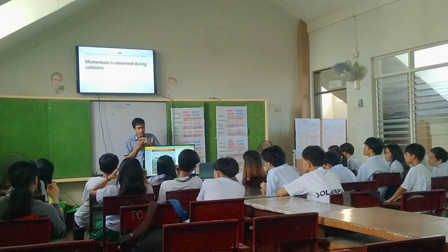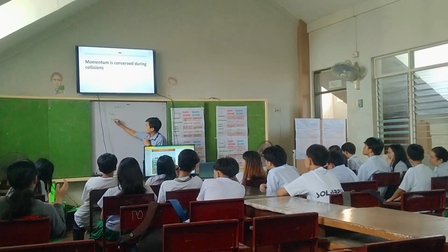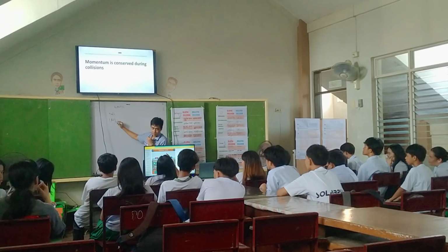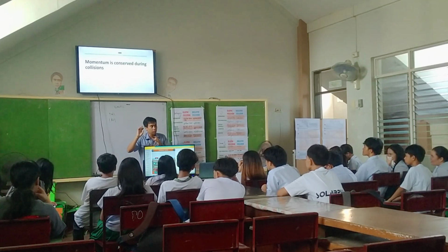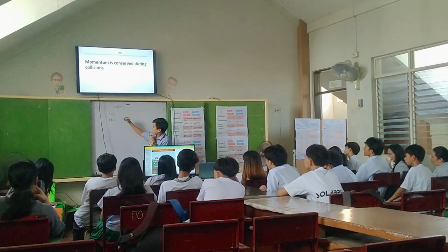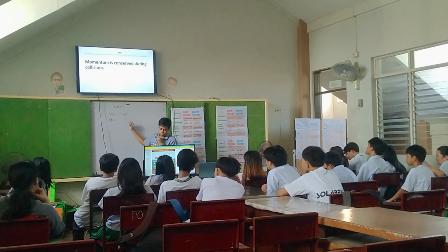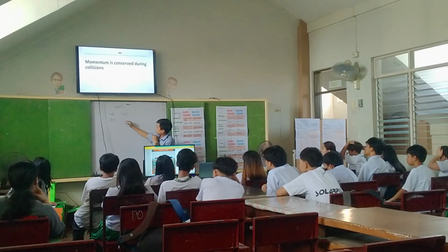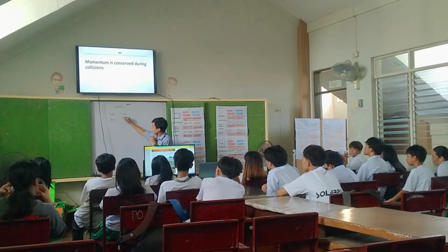And what is the mass of the red car? 1 kilogram. Now, what is the initial velocity of the blue car? Negative 5 meters per second. And what is the mass of the blue car?